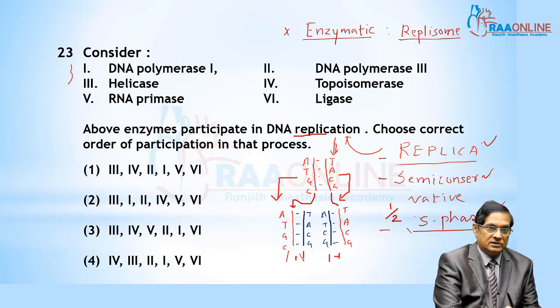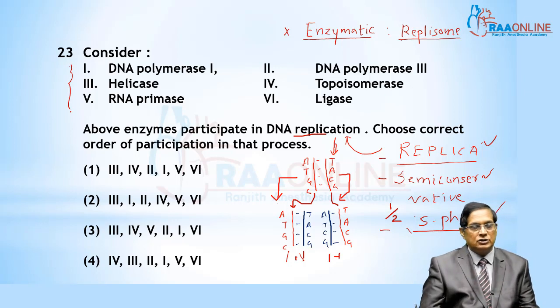That group is mentioned below, but the order is not correct. In this question, we have to arrange these enzymes according to their order of participation, then check the correct sequence.